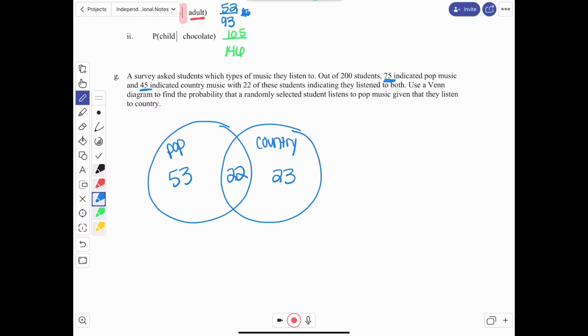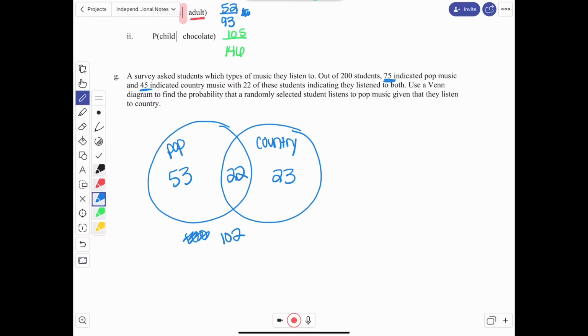That means basically 100 people didn't, oh wait, sorry, I typed in something wrong. 53 plus 22 plus 23 gives me 98 in my circles. So that basically means that 102 people like something different, okay? So there's 102 people that indicated something different.